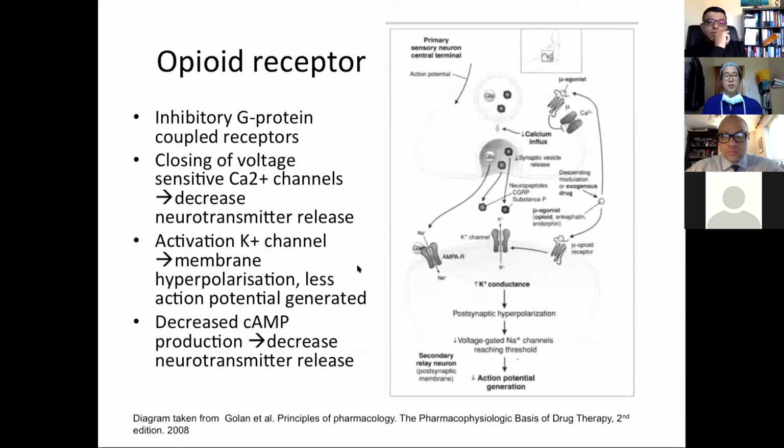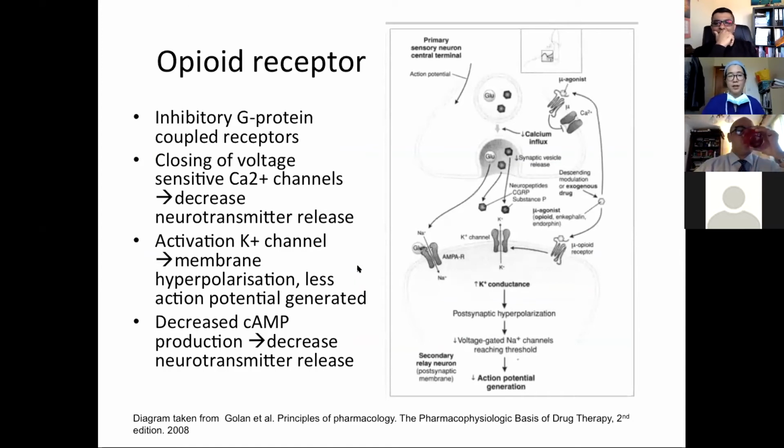In terms of mode of action, when your opioid binds to the mu receptor, all your opioid receptors are inhibitory G protein coupled receptors. The actions are mainly to close two different types of ion channels. You have your voltage sensitive calcium channel in the presynaptic membrane, and that decreases neurotransmitter release.